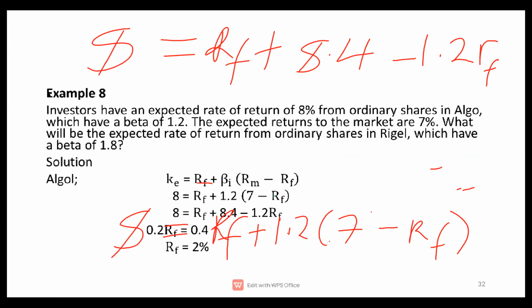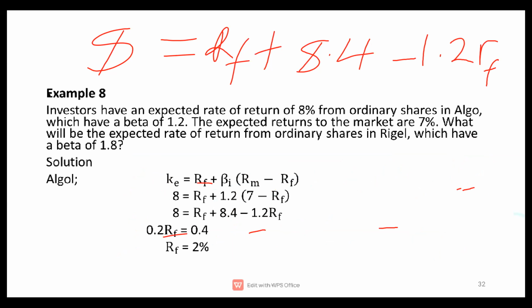We're looking for the risk-free rate, which is the subject of the formula. So it shall be given as 8 minus 8.4. That should be equal to the risk-free rate minus 1.2 risk-free rate.